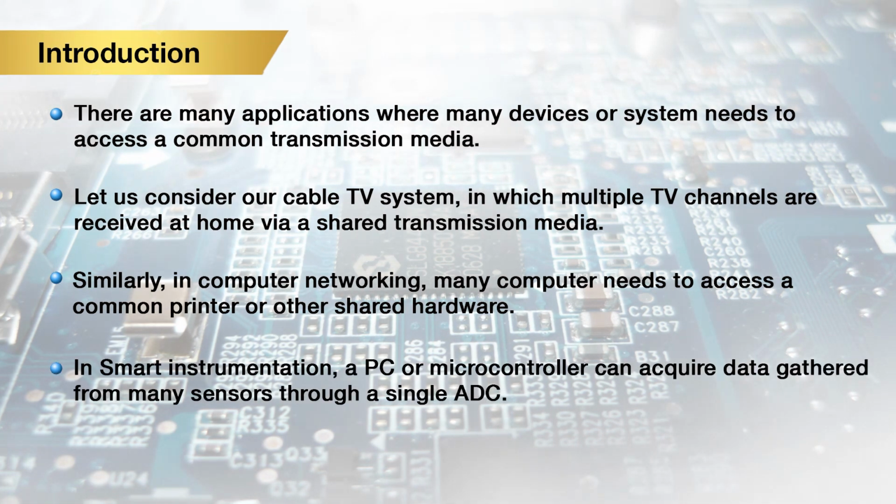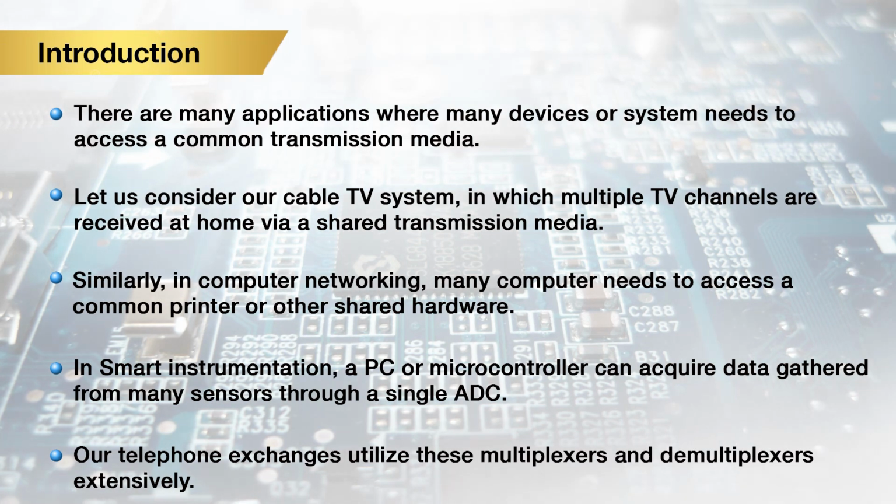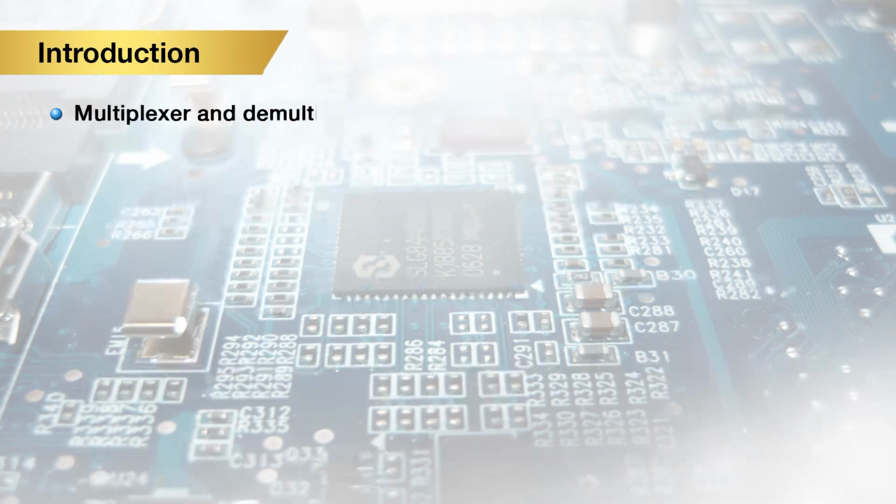In smart instrumentation, a PC or a microcontroller can acquire data gathered from many sensors through a single ADC, that is analog to digital converter. Our telephone exchange uses multiplexers and demultiplexers extensively for their work.